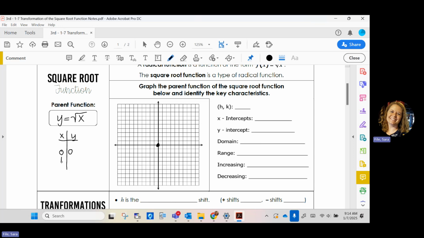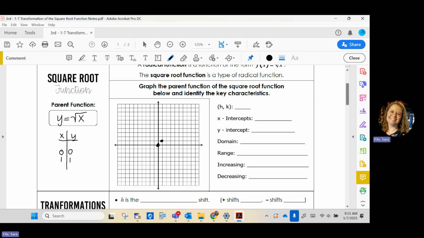What if I input a 1? What's the square root of 1? 1. So there's a point at 1, 1. Now, I am not going to input a 2 because I know the square root of 2 is going to be a decimal. I don't know it off the top of my head, and I'd rather not plot points at decimals.